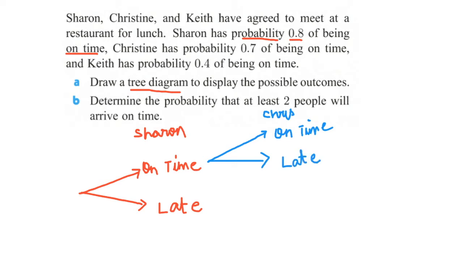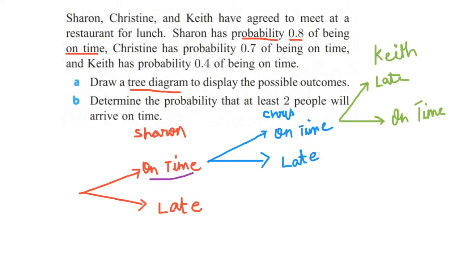After Christine, let's write this data for Keith. So if Sharon is on time, Chris is on time, Keith could be late or he could be on time. If Sharon is on time, Christine is late, Keith could be late or on time.